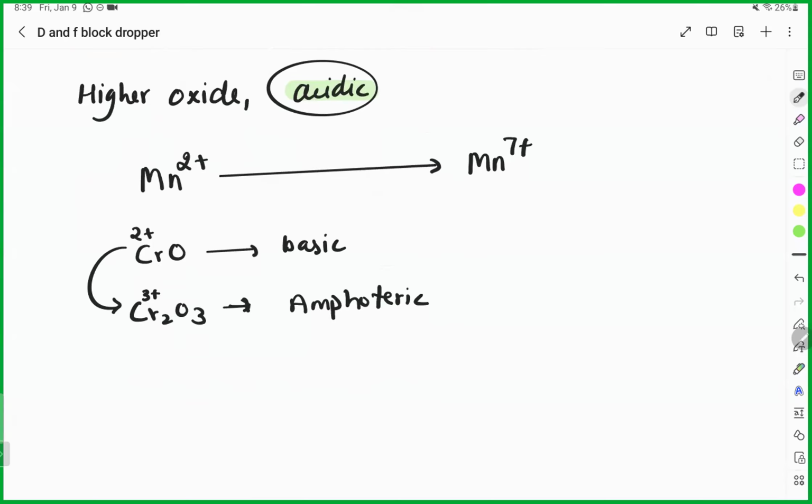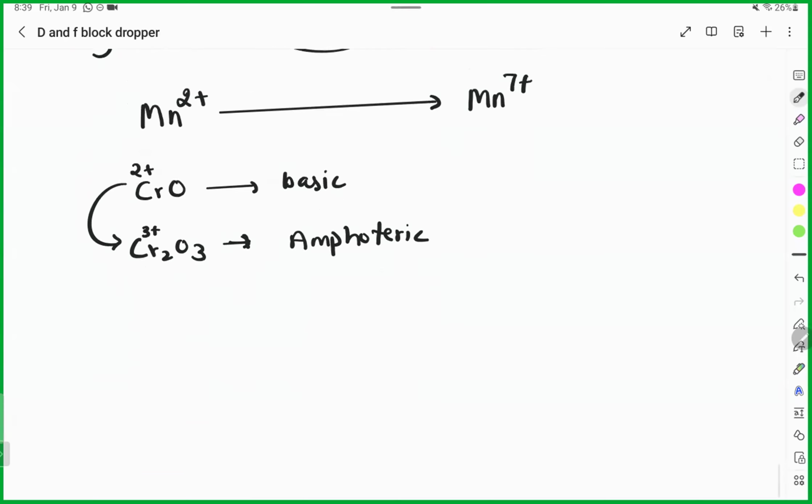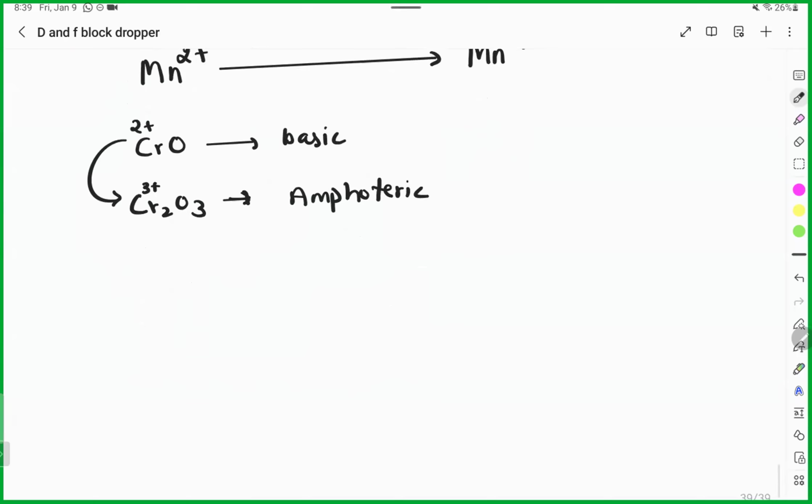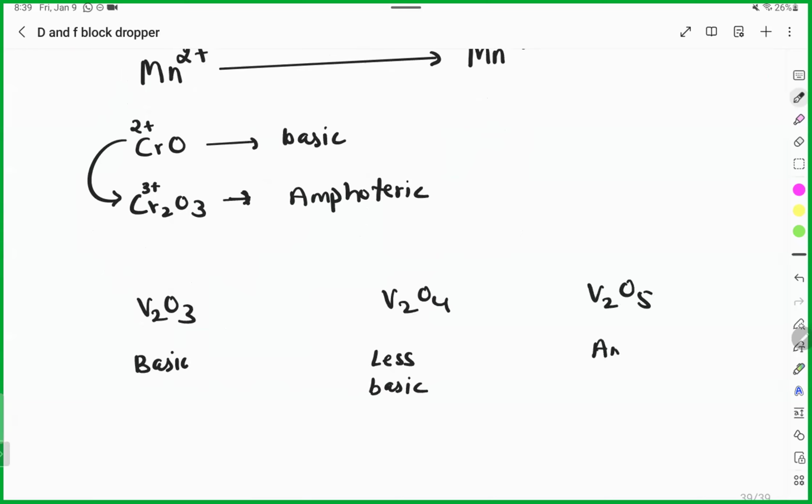Any doubt, guys? Example, the same thing you can use here. If you take V2O3, V2O4, and V2O5, this is basic in nature, this one is less basic compared to V2O3, and this is amphoteric.